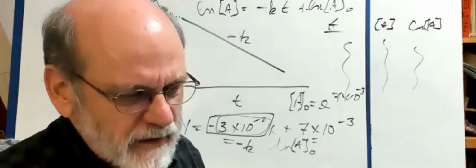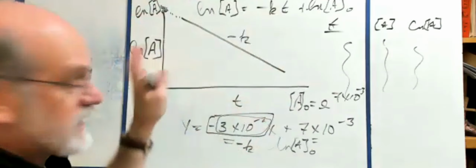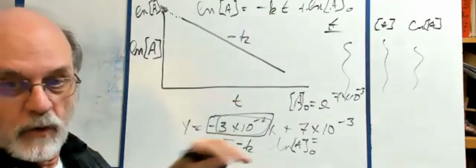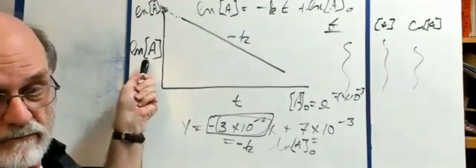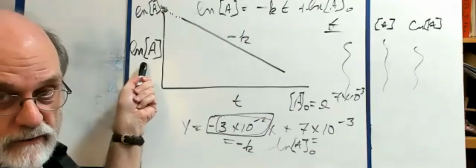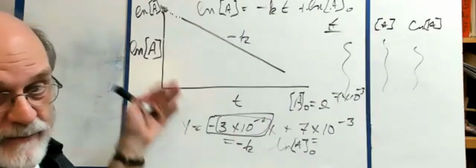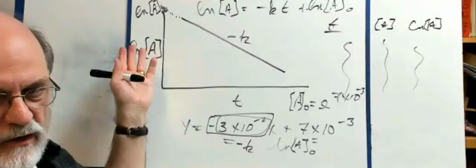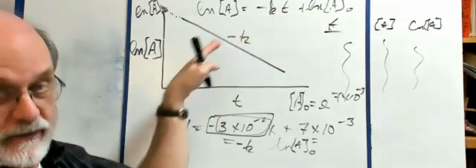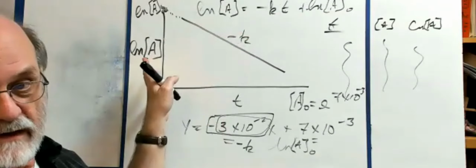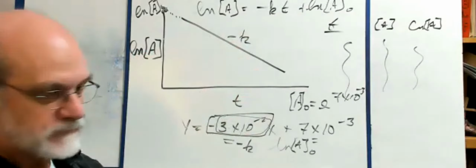If you see this plot here, like that, what order is this equation? First order. Natural log means first order. If it happened to be a reciprocal, second order. If it's raw data, and you still got a straight line, of course, then it's got to be zero order.